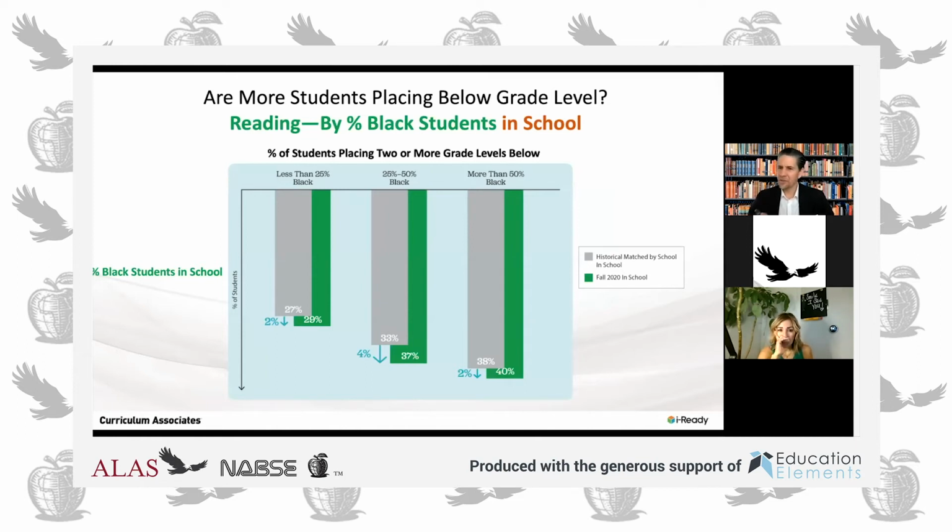And similar to the matching of school data based on where students tested this year, our research team was able to parse out schools based on their student population. So the far left are students in schools that are less than 25% Black, the middle between 25 and 50, and the far right for schools that are more than 50% Black.